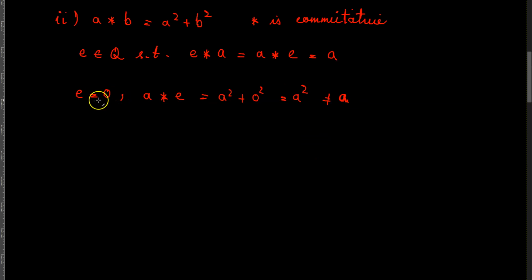And any other value that you take for E, for example, even if you take 1, 1 squared is equal to 1, then this becomes A squared plus 1, which is not equal to A, or any other value that you pick, it's going to be added to A squared. So then in this case also, you can say that the identity element does not exist.